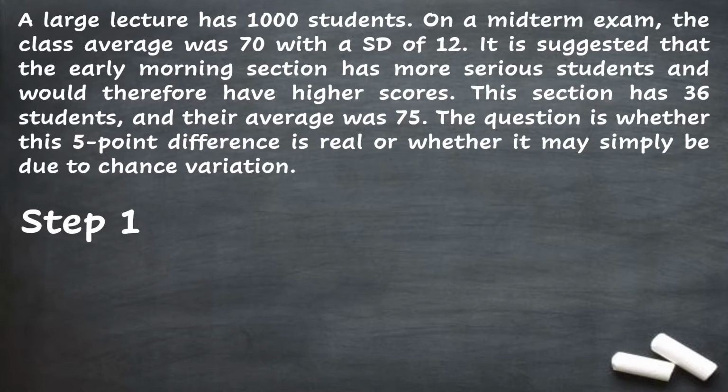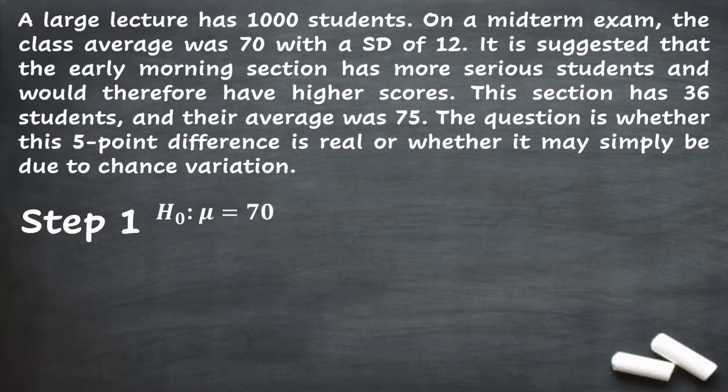So for this one, obviously, this is a factual statement referring to the class average of any section. Basta the class average on a certain midterm exam is 70. So meaning to say, this can be our basis in constructing the null hypothesis, and our null hypothesis will be the population mean is equal to 70.